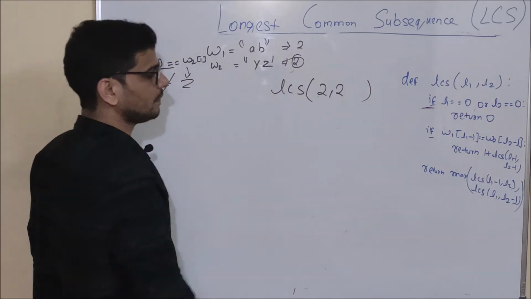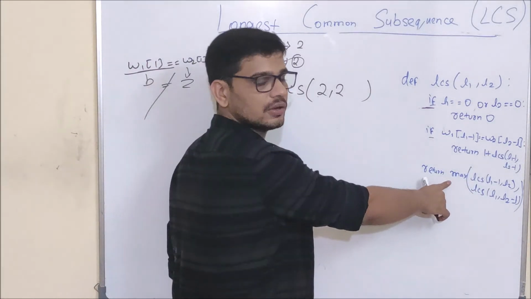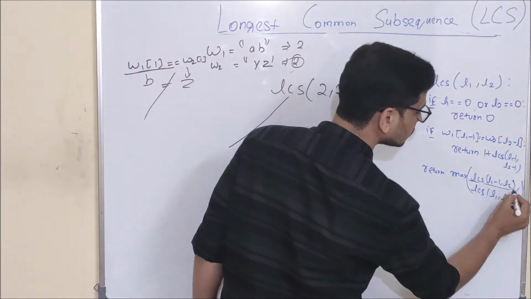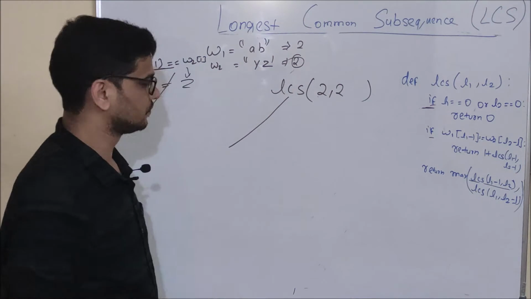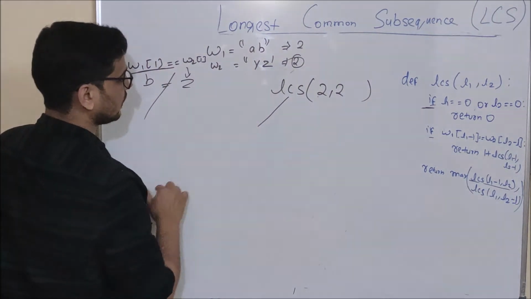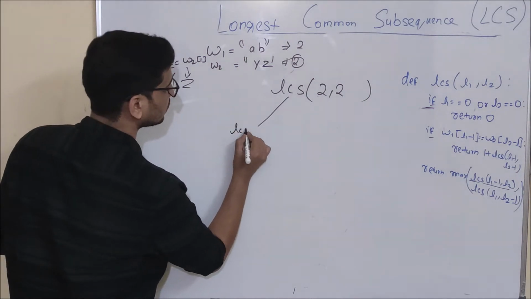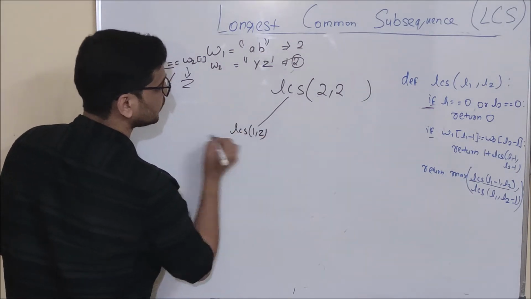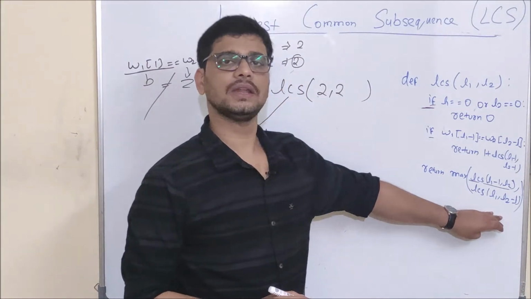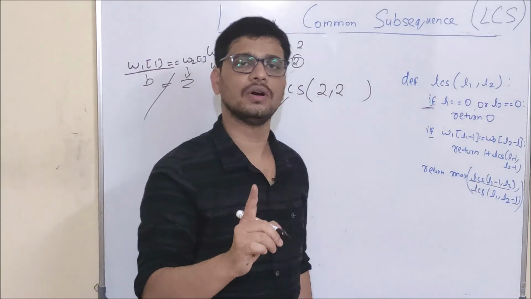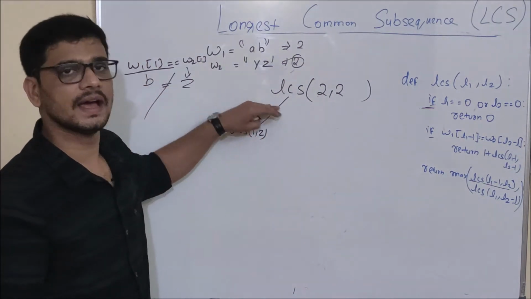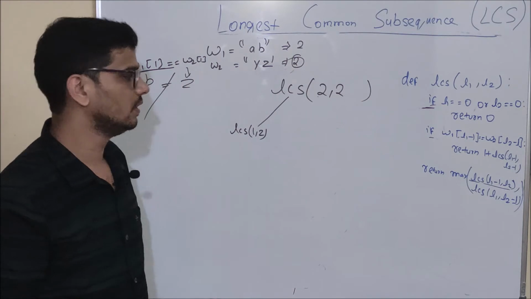So control will come to this particular line and it is going to call first LCS of L1 minus 1 comma L2, that is, it will call LCS of 1 comma 2, friends. This particular function call will be on hold until we get the answer of this function call.